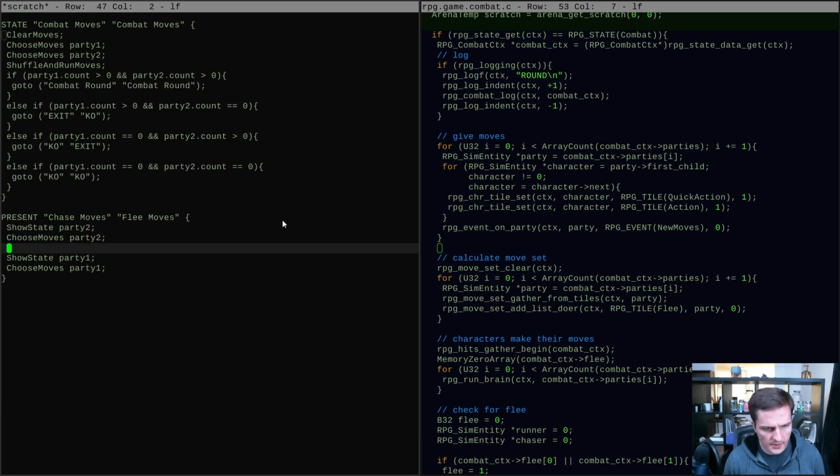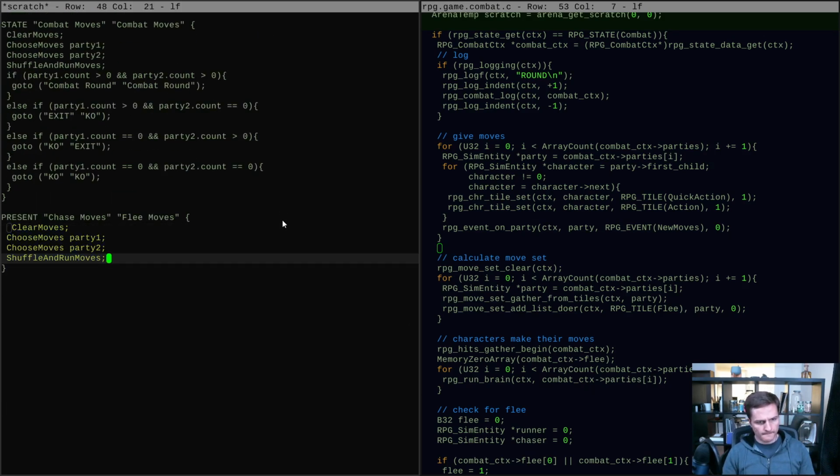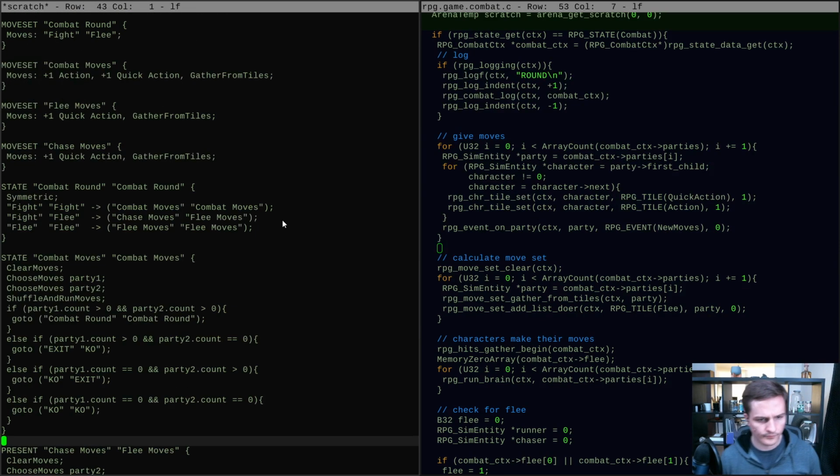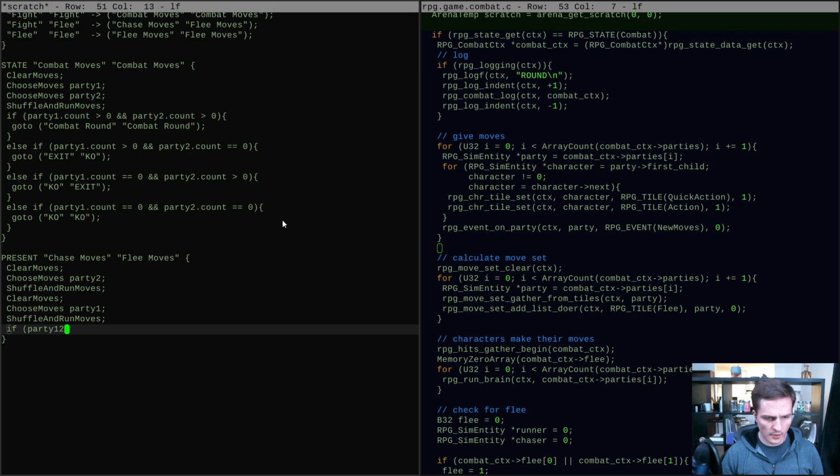Here the logic is something like: clear the moves, choose moves for party 2, shuffle and run moves, clear the moves again, choose moves for party 1, shuffle and run the moves, and then if party 1.speed is greater than party 2.speed, then you go to combat round.